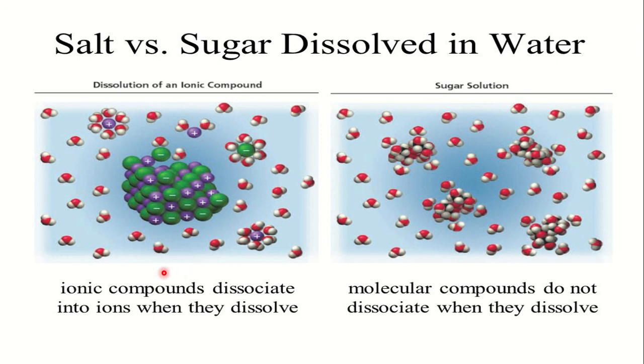When it is dissolved in water, the ions are dissociated and they dissolve. But when a covalent compound like sugar is given into water, the bond is not broken. Just the molecules are separated from one another and they are dissolved in water.